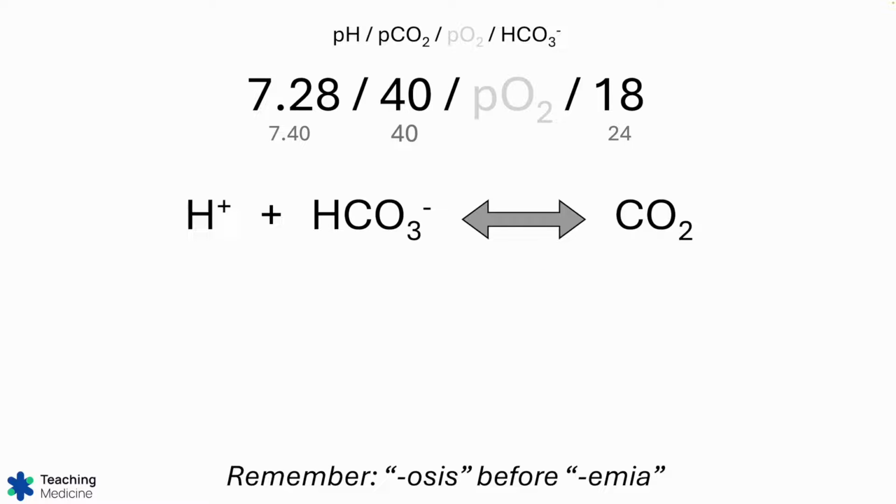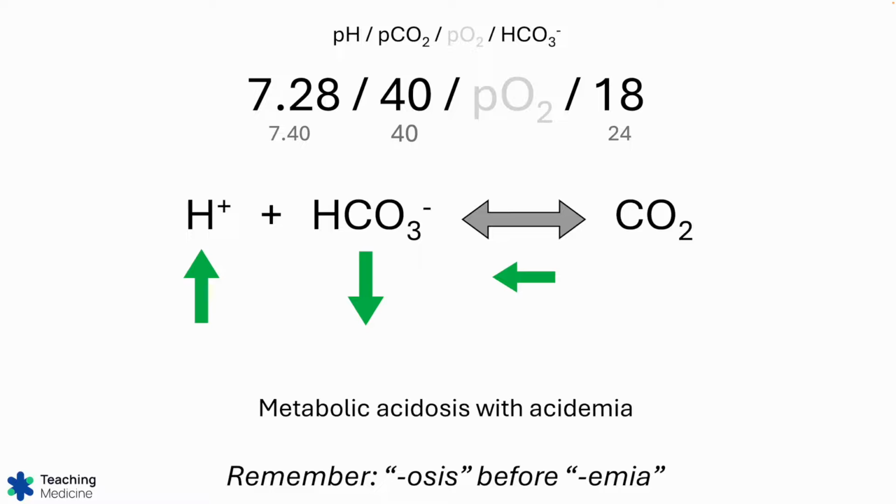Here's a second example, pH 7.28, PCO2 of 40, and a bicarb of 18. So the PCO2 of 40 is normal. There's nothing to analyze there. The bicarb is low. This is going to generate a little bit of a vacuum on the left side of the equation, so it's going to shift left, which will increase the hydrogen ion concentration.